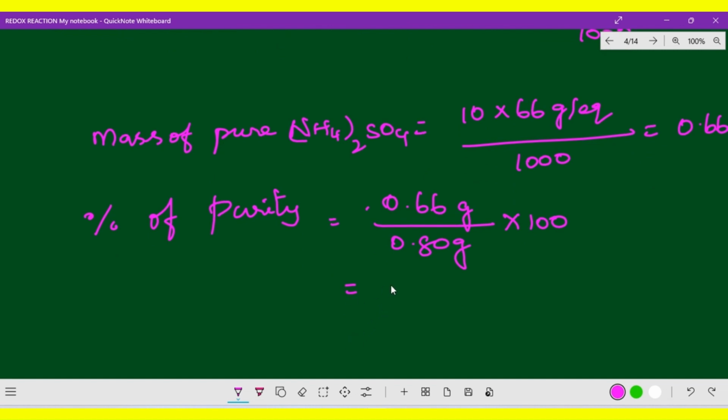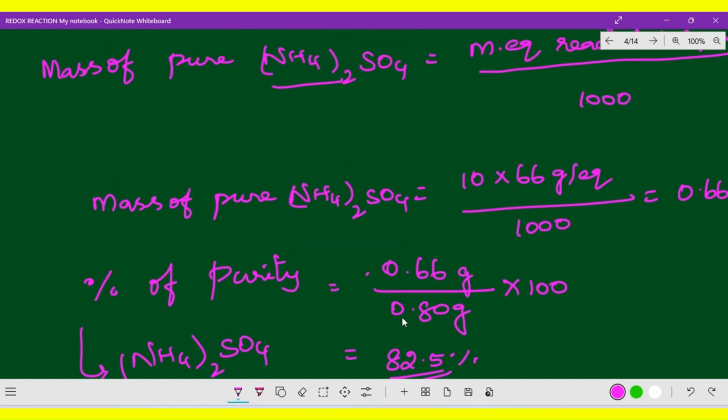When you calculate, you will get 82.5%. So the mass percentage of ammonium sulfate is 82.5. I hope you got the clarity.